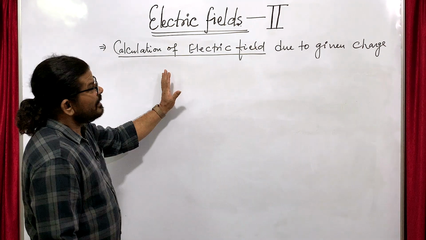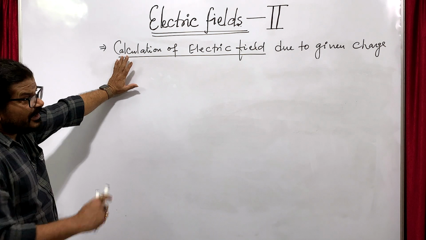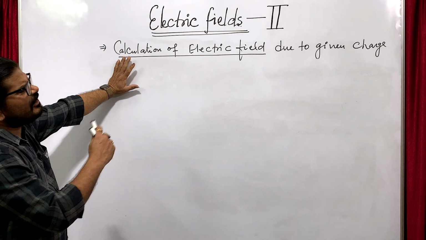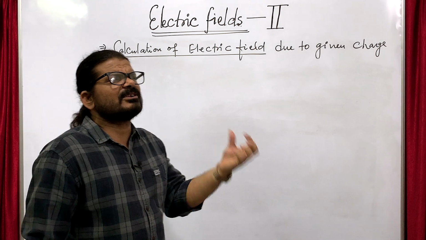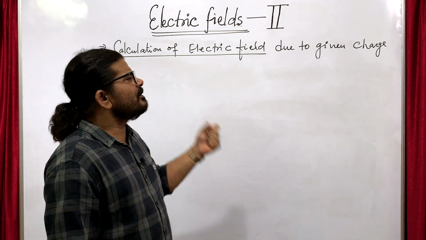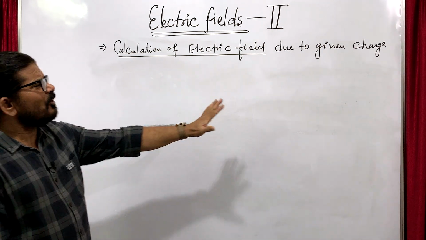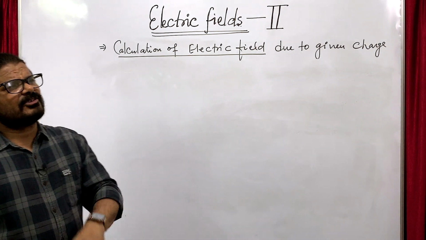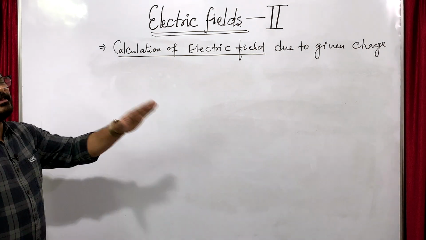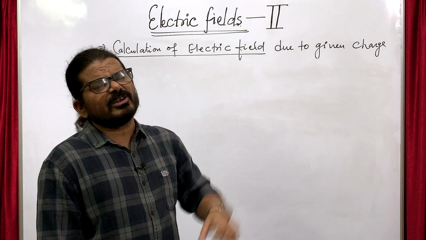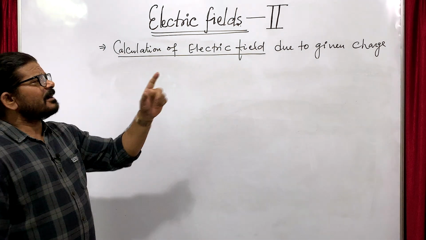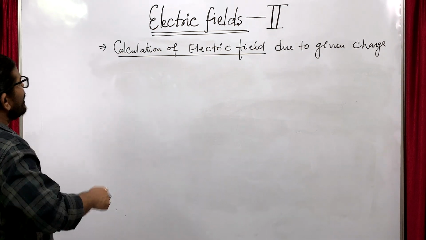But in discrete, the locations of different point charges are given, and you will be asked to calculate the electric field at a particular point due to the discrete distribution of charge, and that will also be the superposition of electric field at that particular point.